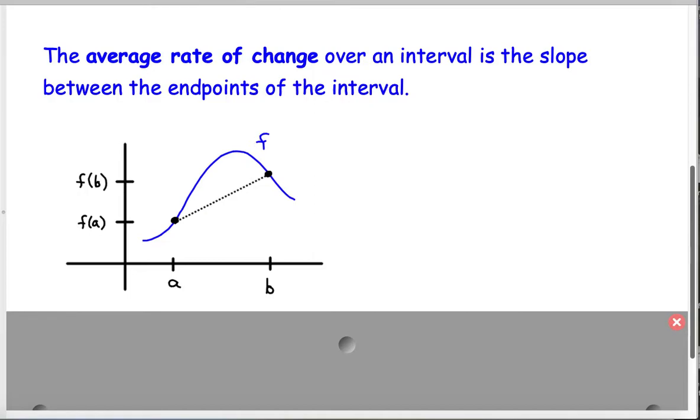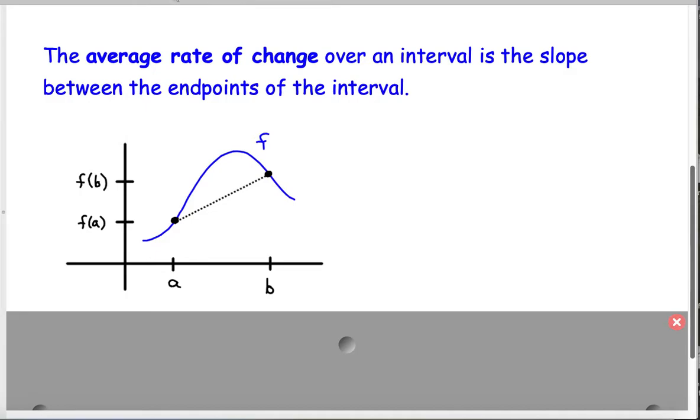So we wouldn't say that this function has a constant rate of change, because obviously it gets steep and then it's positive and then it's negative, it's zero at a certain point. But when we talk about the average rate of change, that phrase is synonymous with slope between 2 points. So the two endpoints of our interval we'll use to calculate our average rate of change.